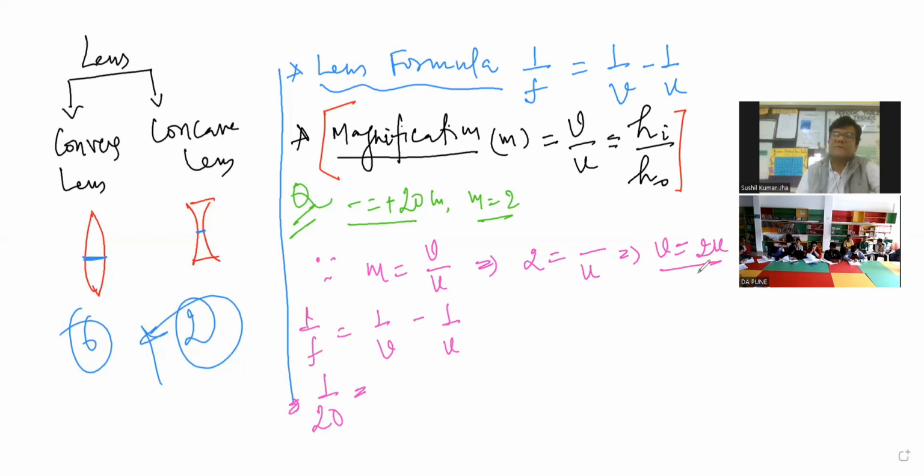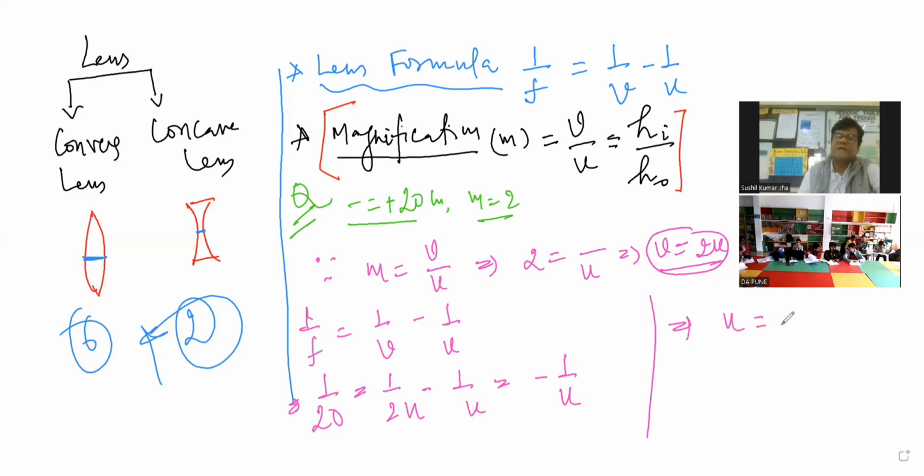Now v is unknown, but over here we have a relation v equal to 2u. So it will be 1 upon 2u minus 1 upon u, which gives us minus 1 upon 2u.